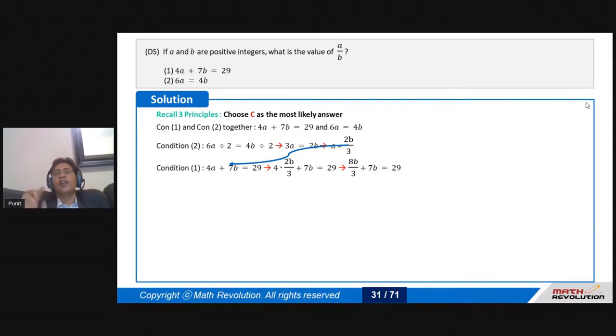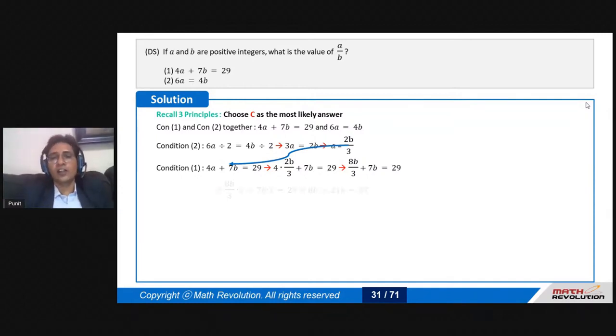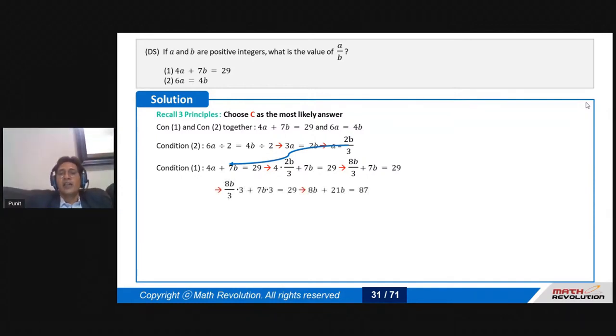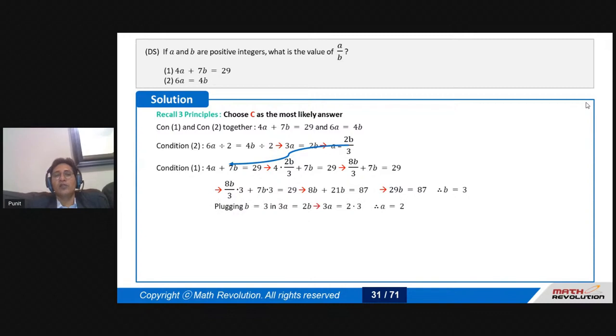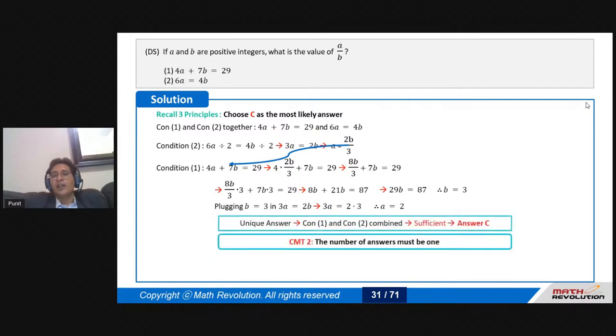I put the value of A from the second condition into the first condition, and I end up getting 8B plus 21B equals 87, which I solve. I get B equals 3. Plugging the same value into the second situation, I end up getting A equals 2. So it's a sufficient value right now.